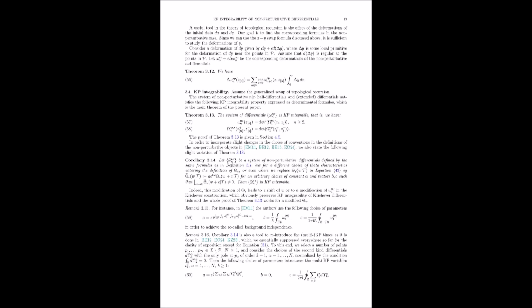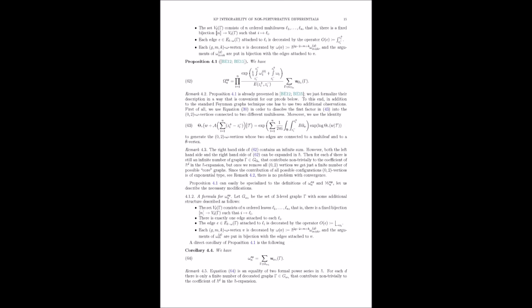So in the standard setup of topological recursion, dy is typically non-vanishing at those key points. Okay. But we can carefully deform dy by adding a small correction term that's localized near a key point. So we're tweaking dy a little bit. Yes. But we're doing it in a very controlled way. And what's the point of tweaking it? The amazing thing is that these dy-deformations, if they're done carefully, also preserve KP integrability.